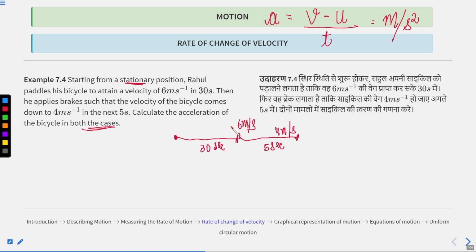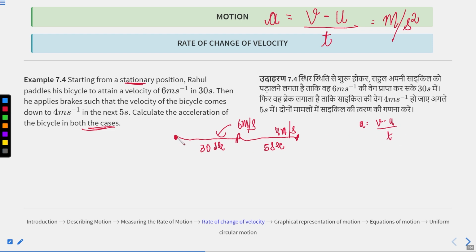Okay. So Rahul pedals a bike and gives it a velocity of 6 meter per second in 30 seconds. Then he applies the brake and the velocity of the bicycle becomes 4 meter per second in 5 seconds. We have to calculate the acceleration, so we just have to use the formula. Acceleration is equal to v minus u by t.